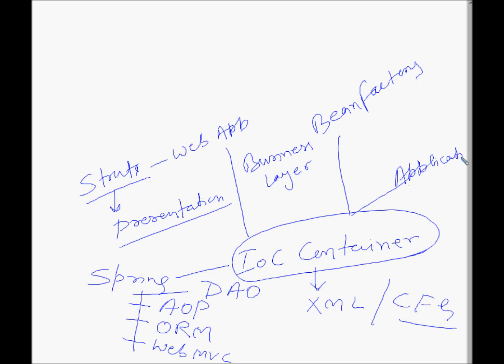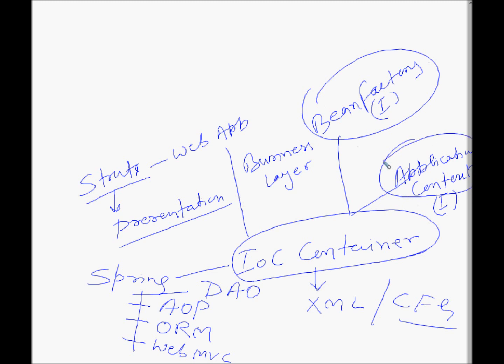This is one interface, and this is another interface which helps us to get objects, or helps us to manage the beans in the IOC container. So these are the two interfaces we are having, bean factory and application context.